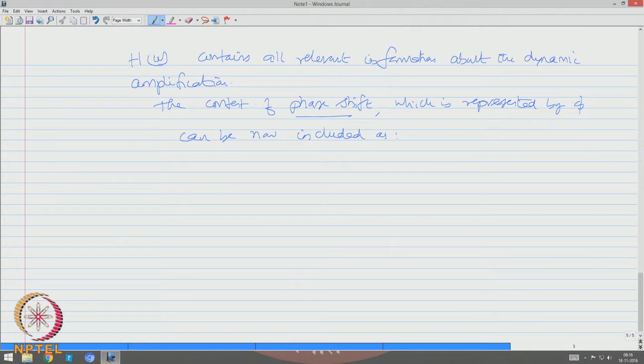as follows. Let H omega be 1 by k of 1 by root of (1 minus beta square) whole square plus (2 zeta beta) square, into e to the power of minus i phi. We have a specific reason why e to the power of i phi is included.